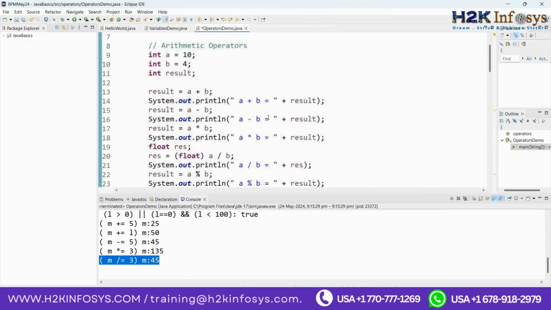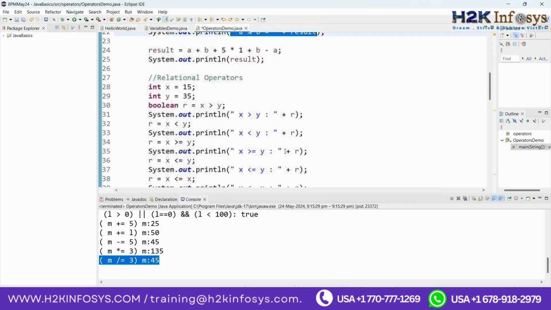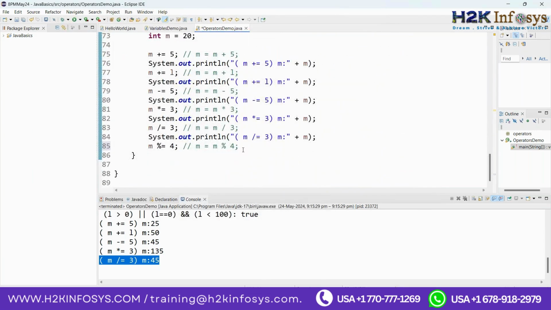Remainder, correct? If you remember, remainder is the percentage. Now 45, how many times does 4 go in? 11 times. What is the remainder? 1. M value is 1 now.